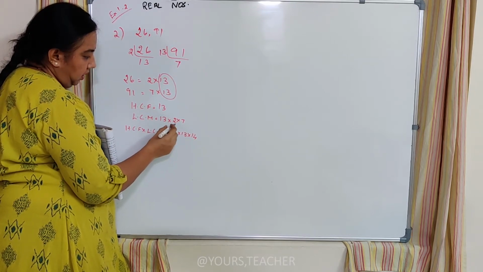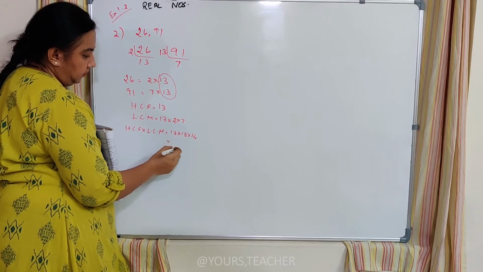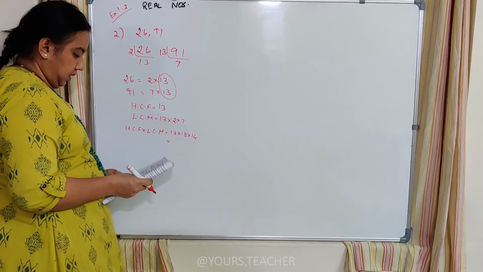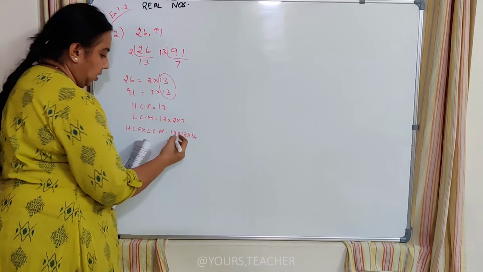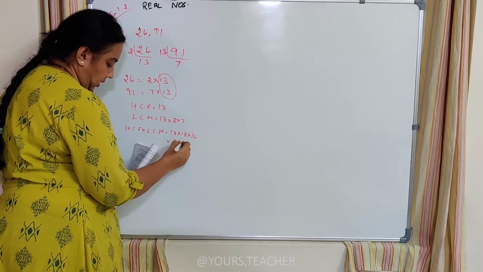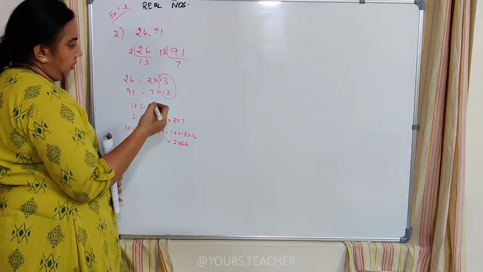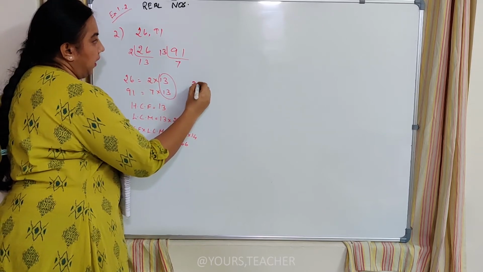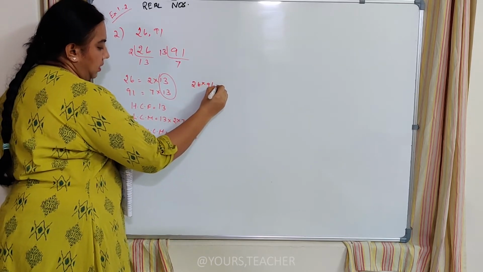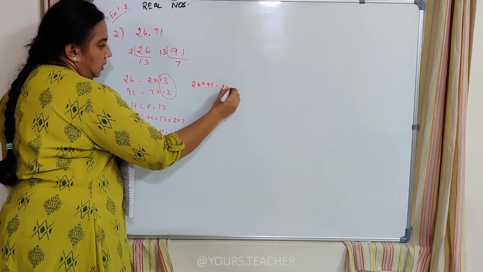13 into 13 into 14, and this comes to be equal to 2366, and we can cross verify that 26 into 91 is also equal to 2366.